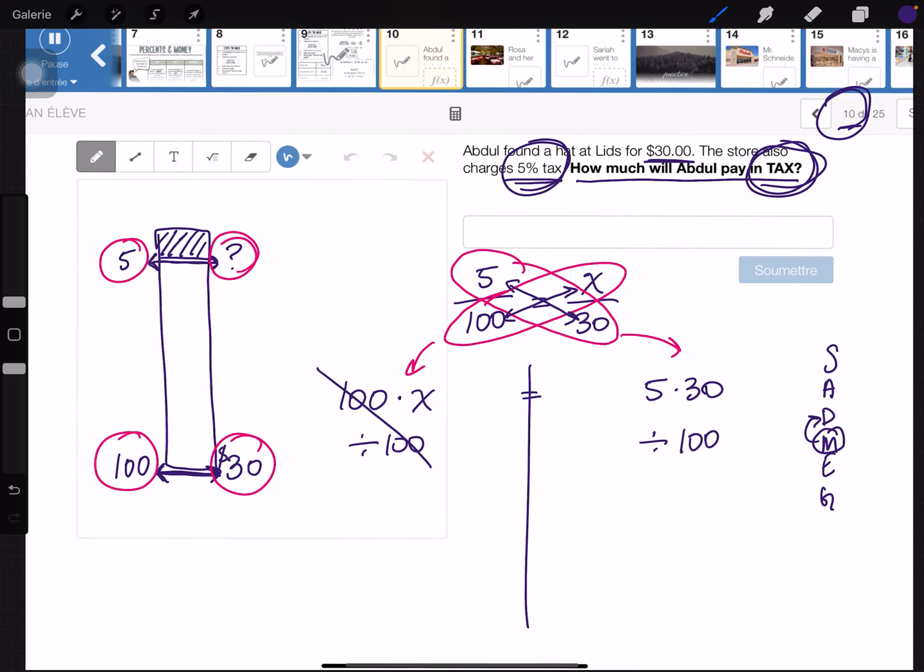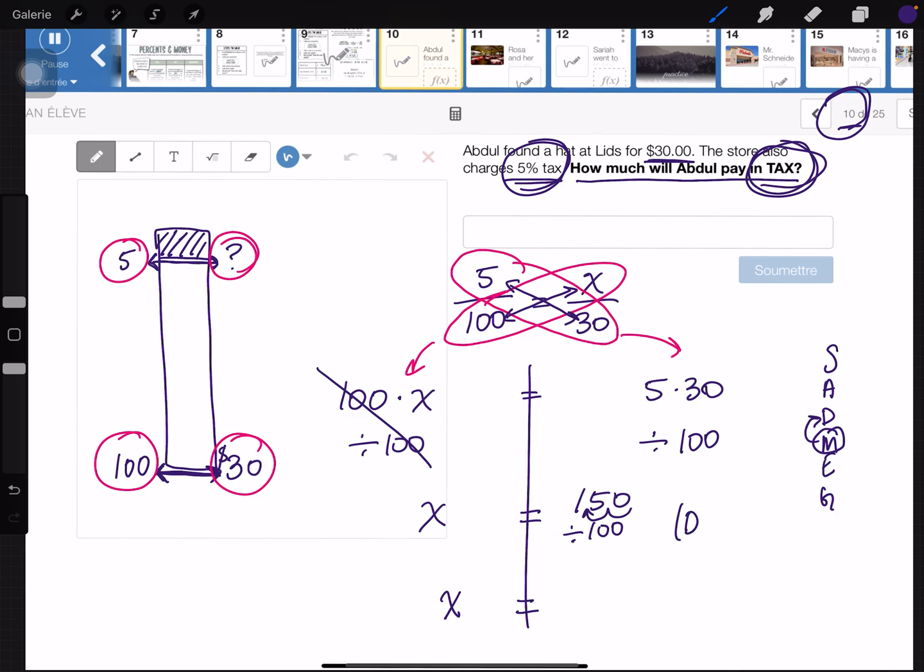So I've divided by 100. I'm going to get x equals 5 times 30 is 150 divided by 100. I still haven't done that out yet. So let's simplify again. X equals, I know when I'm dividing by 100, I can move that decimal place 2 to the left, or I can just use Desmos.